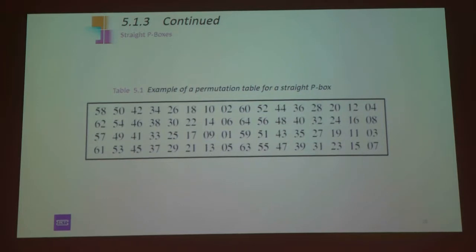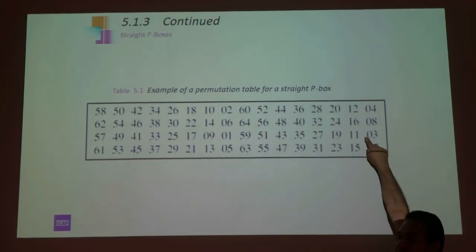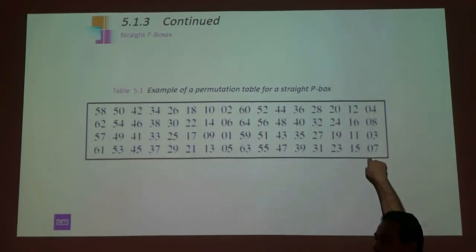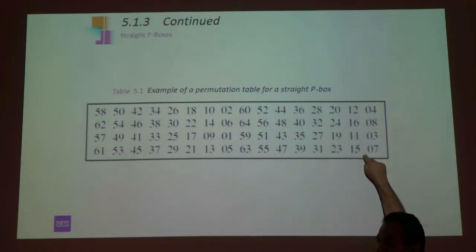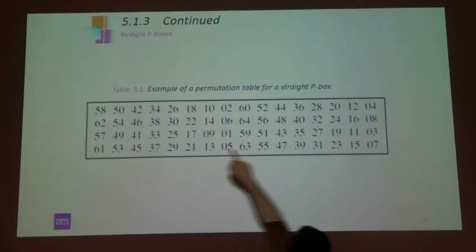So the 58th input pin is going to go to the first. How about the 64th output, where does it come from? From the 7th. So the 7th input will be connected to the 64th. How do I know this is 64? 1 to 16.